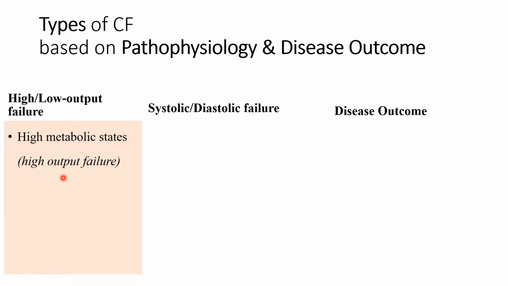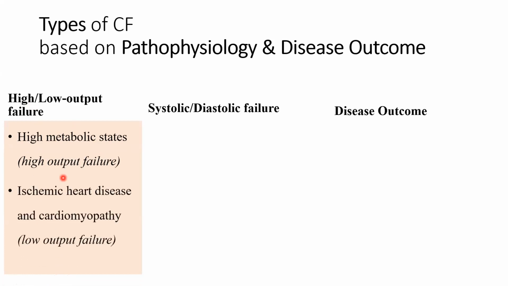So if you have severe anemia, thyrotoxicosis, or atrioventricular shunt, this is a high metabolic state, and the heart failure will be a high output failure, as opposed to a low output failure, which means that the heart in itself has been damaged, and maybe due to ischemic heart disease or a cardiomyopathy, it has dilated to the point that it cannot properly contract.